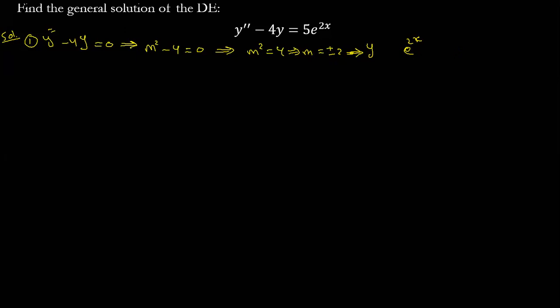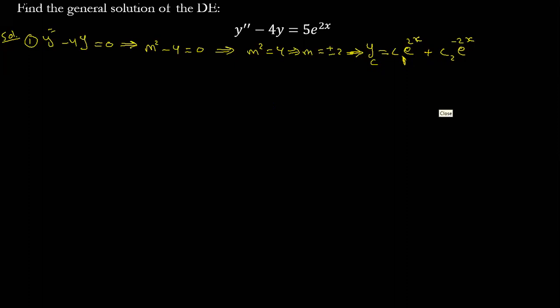So the second one will be e to the -2x. No need to use the 2 for a second time because my 2 isn't repeated. Only when my m is repeated, I'm going to multiply by x. So I'm going to add those together and multiply each one by a constant. So I will get here the complementary solution. So the complementary solution is only add the solutions after multiplying each one by a constant. Okay, Muhammad?